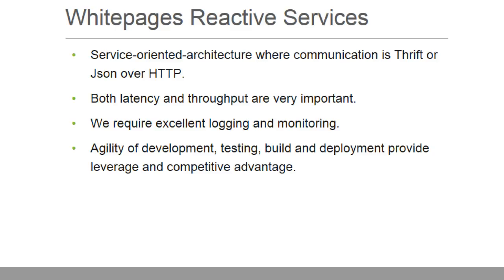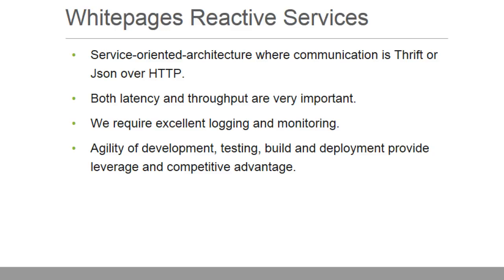From an architecture perspective, we have a set of services that are loosely coupled and communicate with each other over HTTP, exchanging messages encoded either in Thrift or JSON. We have sensitivity points in this type of architecture with respect to latency and throughput, as well as instrumentation. We want to know exactly how our services are doing, what is healthy, what is not healthy.